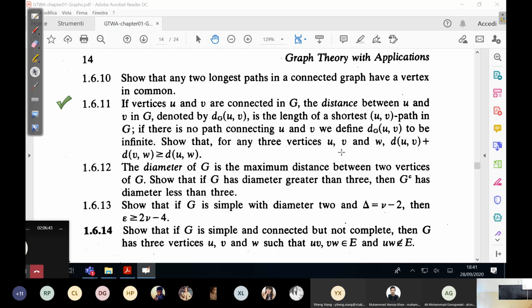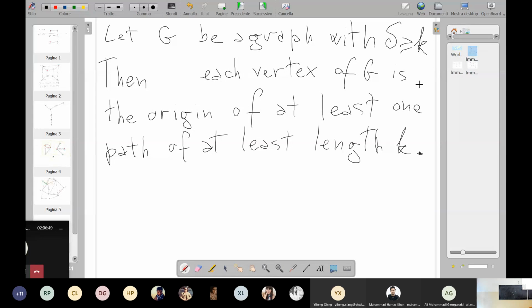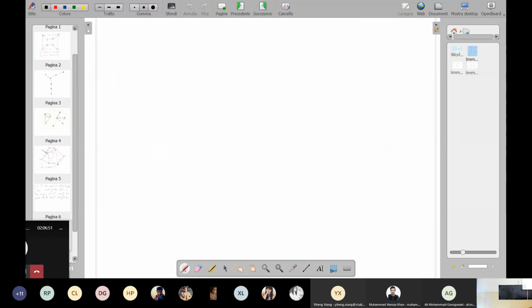Distance. I have 4 minutes to give you a very general thing, which is the notion of metric space.